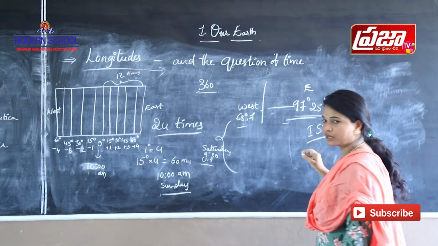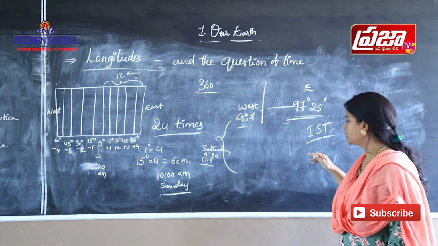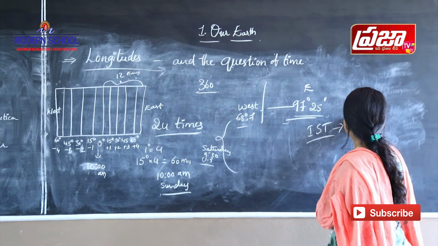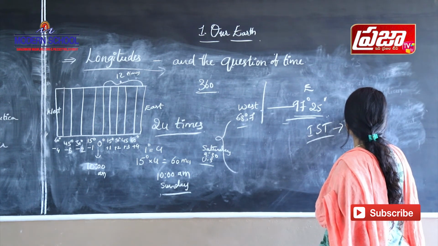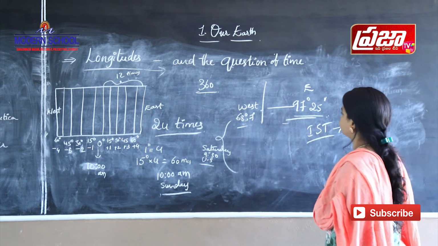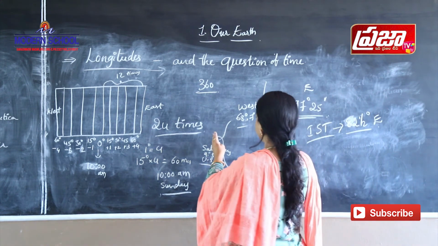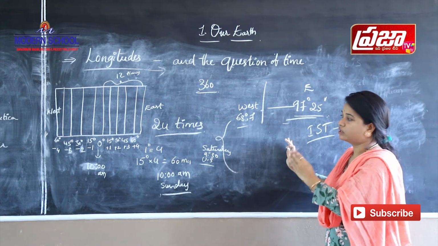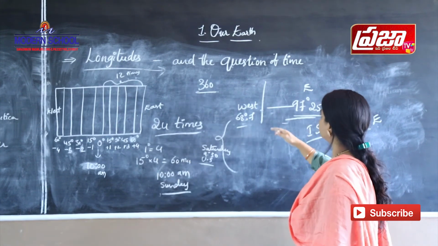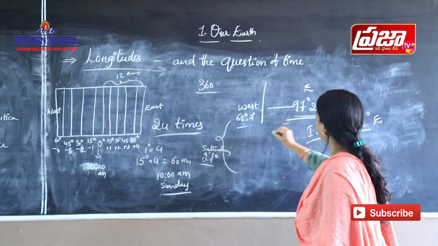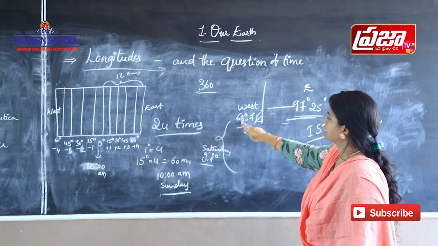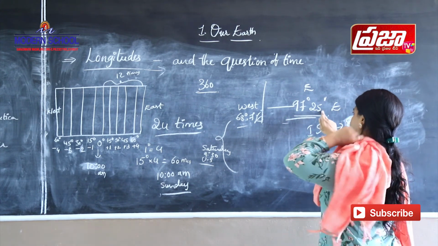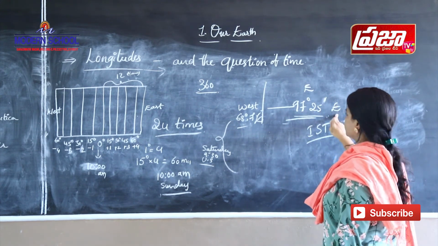And here also we have the standard time for India, Indian standard time at 82.5 degrees eastern longitude. As we know, the whole of India is in the eastern hemisphere, so that's why we calculate the eastern longitudes: 68 degrees 7 minutes eastern longitude, 97 degrees 25 minutes eastern longitude.